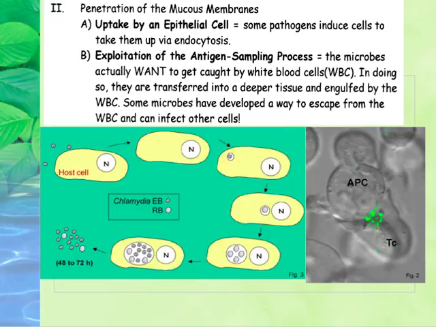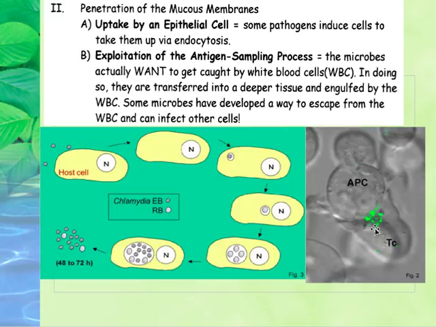So some microbes have developed a way to escape from the white blood cell and then actually infect other cells once the white blood cell gave them a free ride. So one example here is chlamydia. Chlamydia between 48 to 72 hours will get taken up by a host cell, right? It will actually divide inside of that cell, and within 48 to 72 hours release all these other cells in order to go and infect new ones.